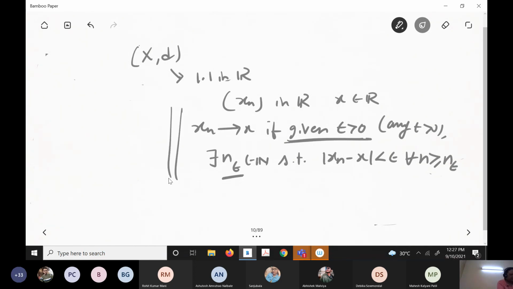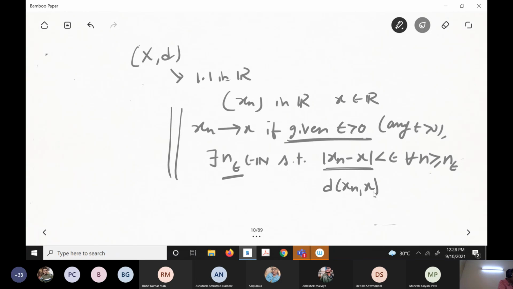Now look at this definition. Where is the special thing I was using? Here only. Other things will follow in any metric space. So here the distance was given by this. Here I have d. So if I replace it by this d, it will be d(xn, x), right? So that is precisely the definition of a convergent sequence in a metric space, which I have called definition 10.